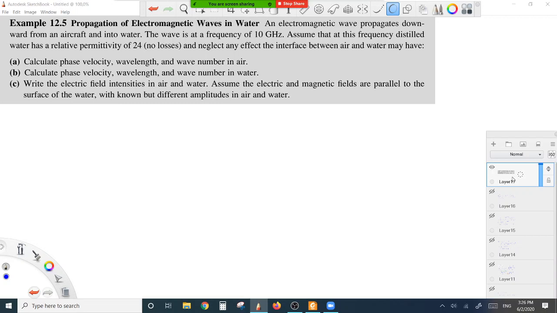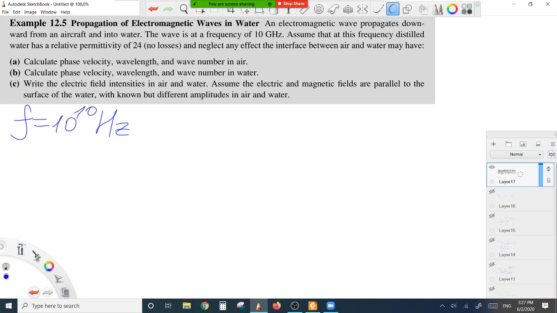The wave is at a frequency of 10 gigahertz, so frequency is 10 multiplied by 10 to the 9, or 10 to the 10 hertz. Assume that at this frequency, distilled water has a relative permittivity of 24, and neglect any effect the interface between air and water may have.